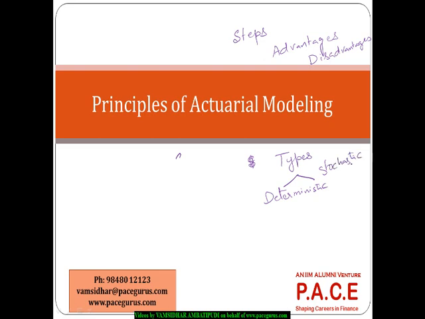How do we differentiate between these two kinds of models? And then a little bit of introduction to the state space and the time dimension, which we will discuss in more detail when we deal with stochastic processes later on.